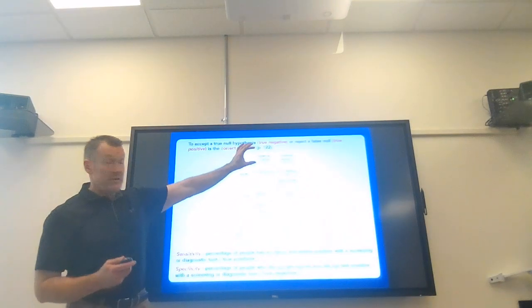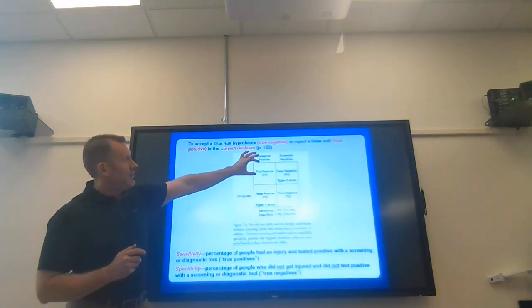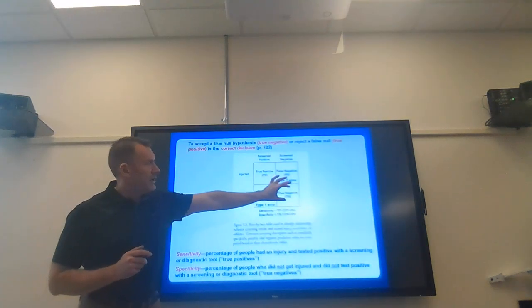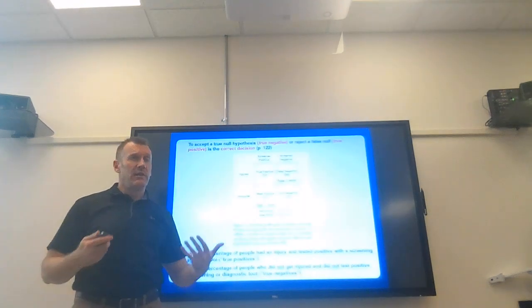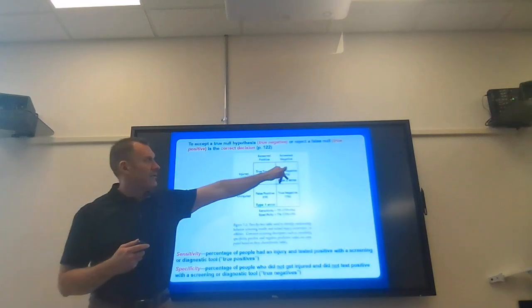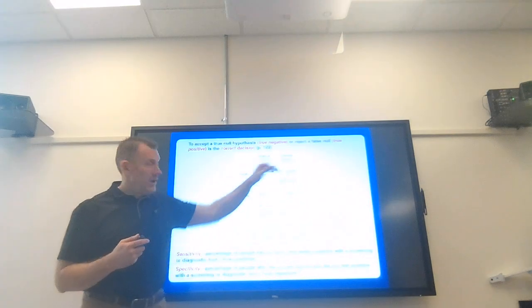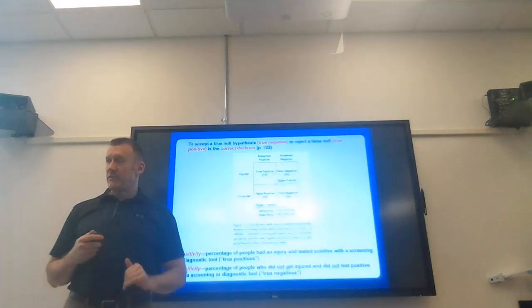So ideally, you want to have an effective screening tool. You want people here, and you want people here, because then you can correctly do things to mediate those risks. You don't want people in the false positive or false negative categories. So sensitivity is your percentage of true positives.